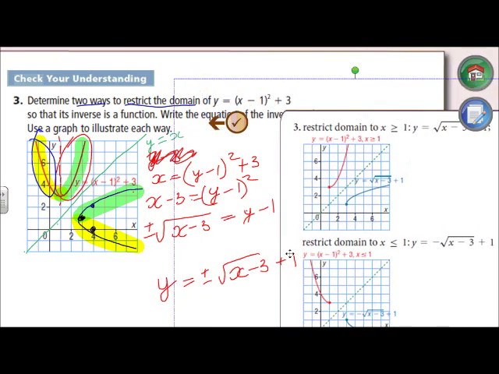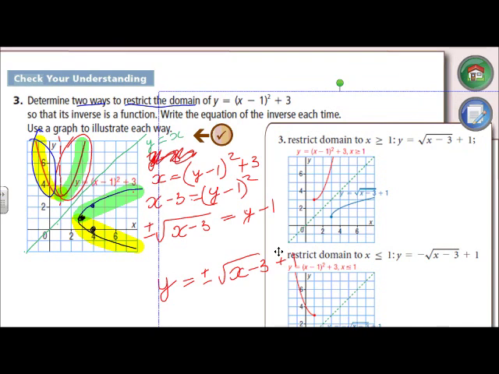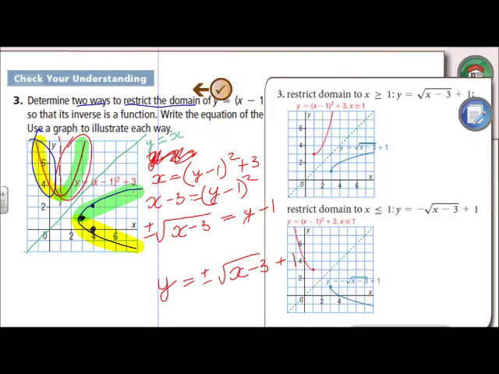And we've got the two different sides of the square root, either the positive or the negative square root. And you can see the result is just one side of that parabola when it's flipped over. And now we've got a function.